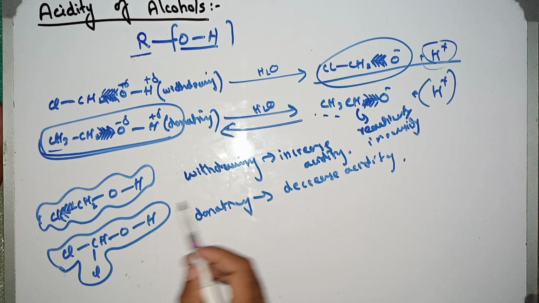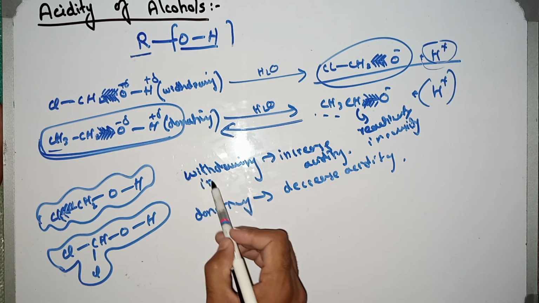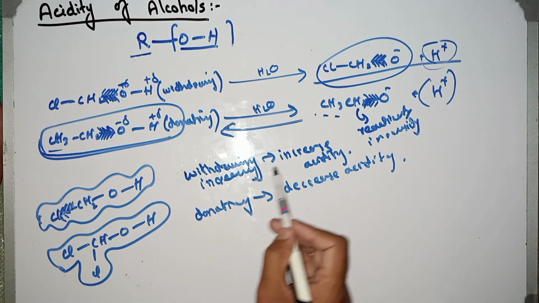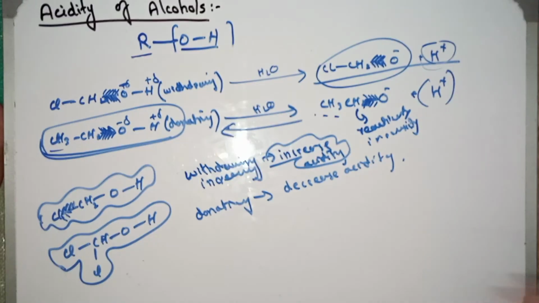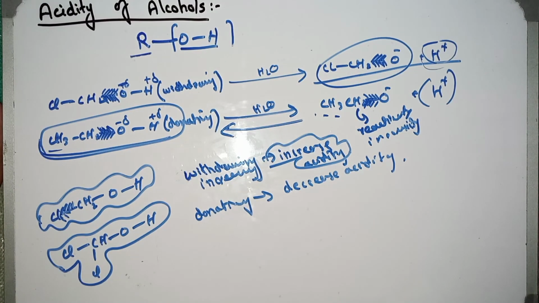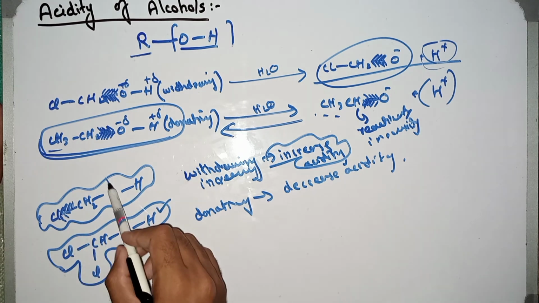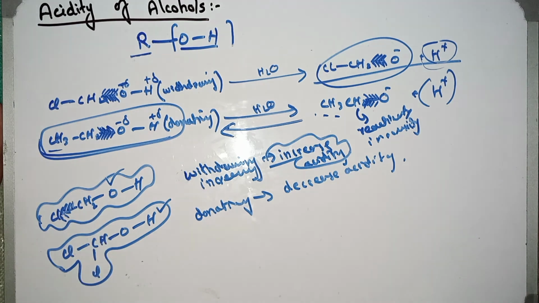We know that as electron withdrawing groups increase, acidity increases. Why? Because they stabilize the negative charge on the oxygen atom, so the hydrogen ion concentration in the solution will increase. That's why the second will be more acidic, while the first will be less acidic. I hope my points are clear.